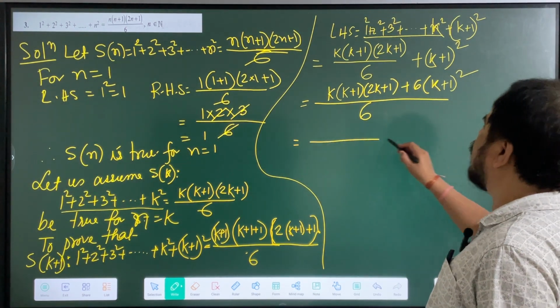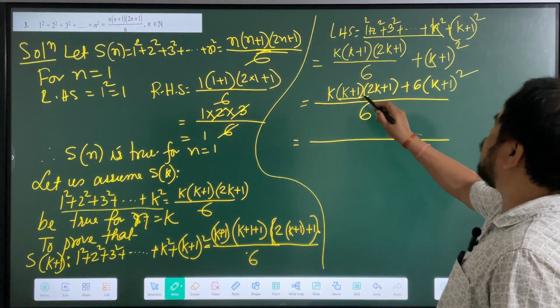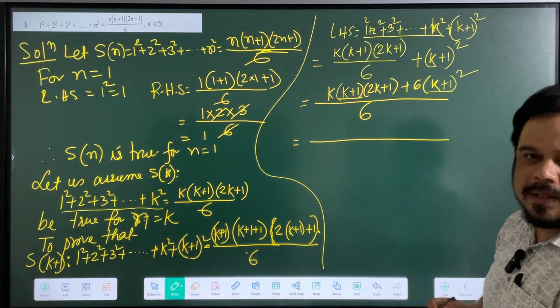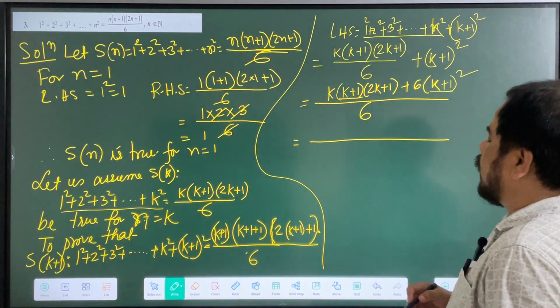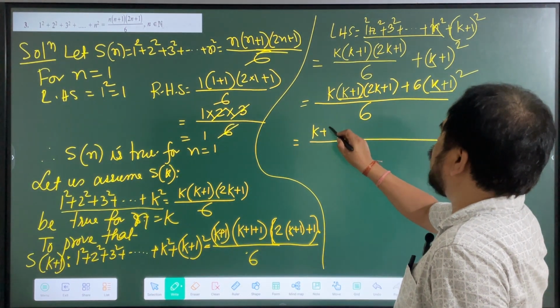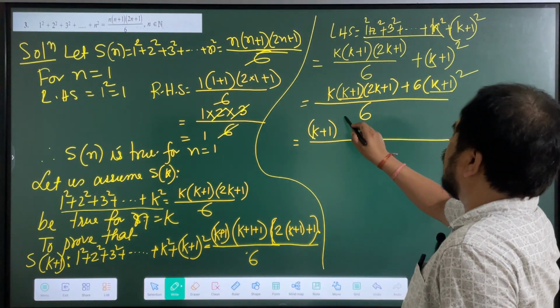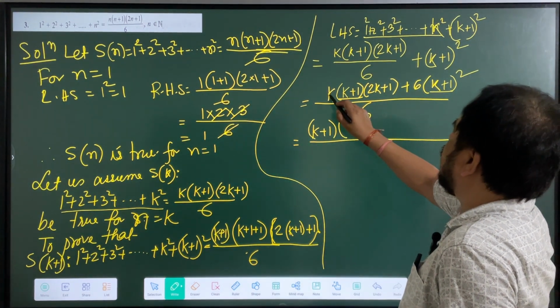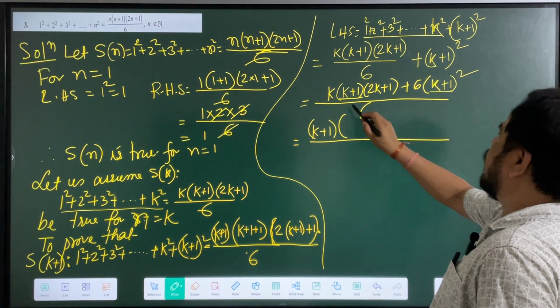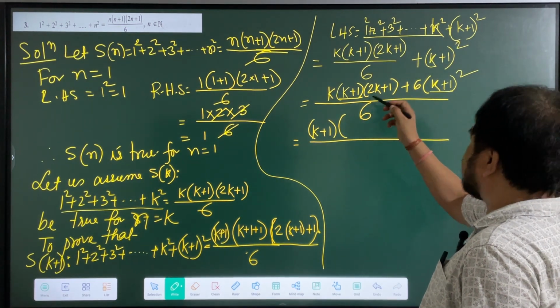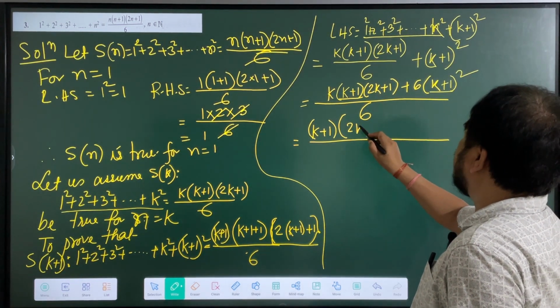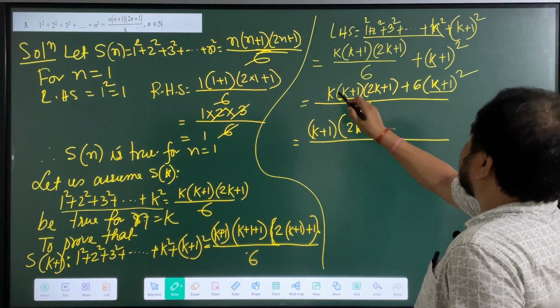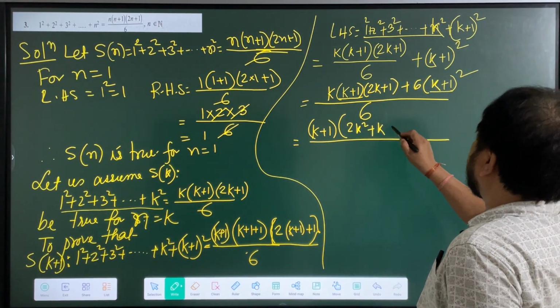Now we will take common. Here k plus 1, here also k plus 1. So k plus 1 we can take common. What is left? k into 2k plus 1. Let us multiply: k into 2k is 2k square, k into 1 is k.